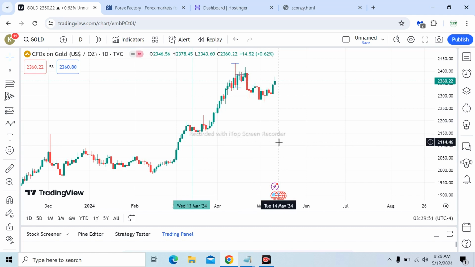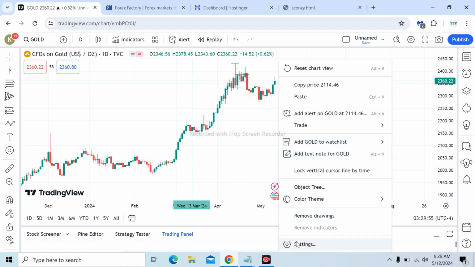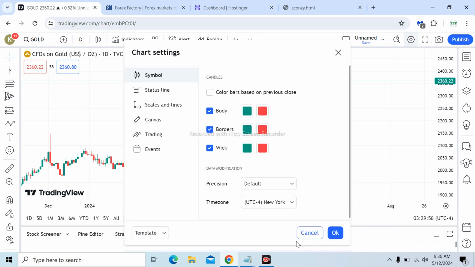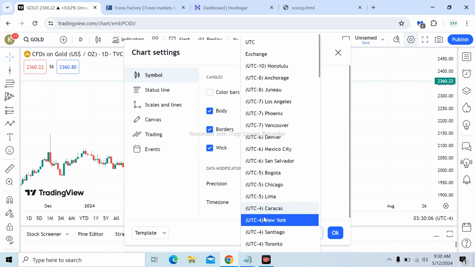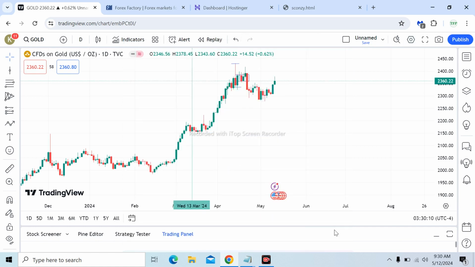So you right click on your chart, then you come to settings. In your settings, you be on the symbol tab. Then you have your time zone here. You click there and choose UTC-4 New York time. When that's done, you click OK.